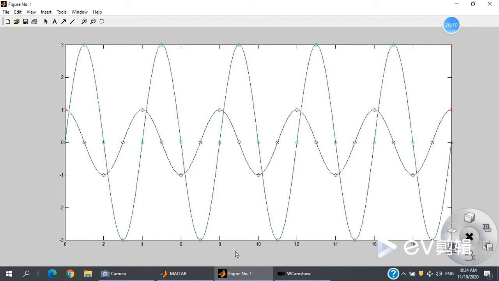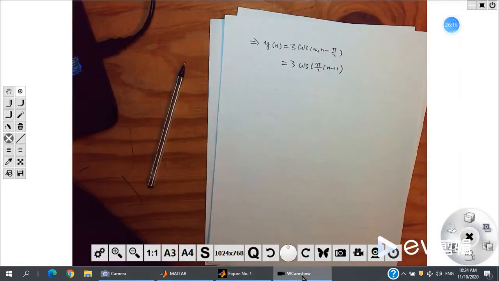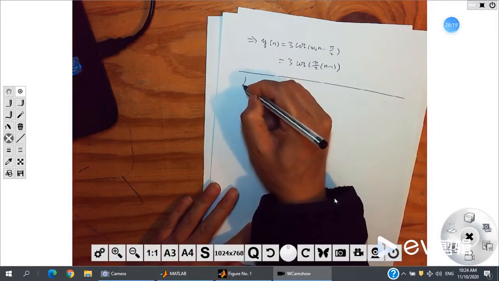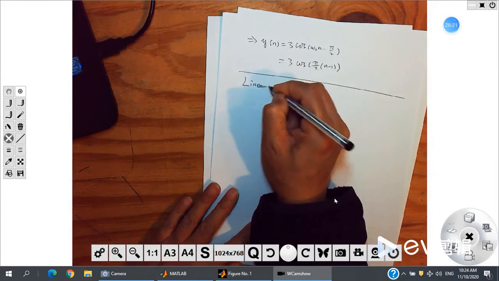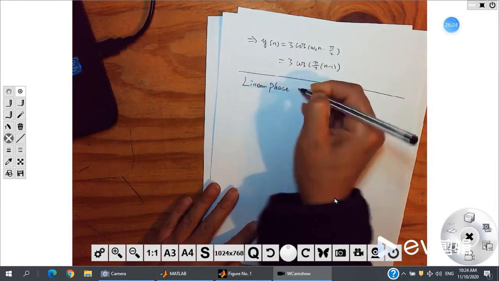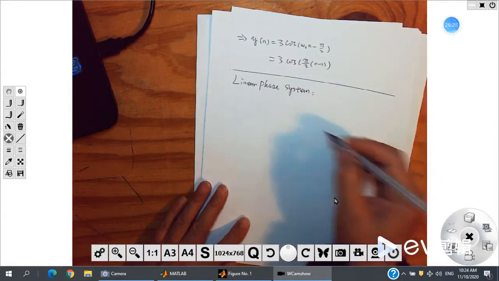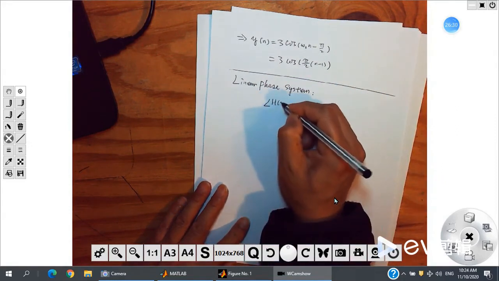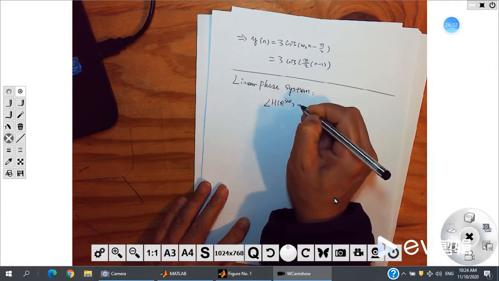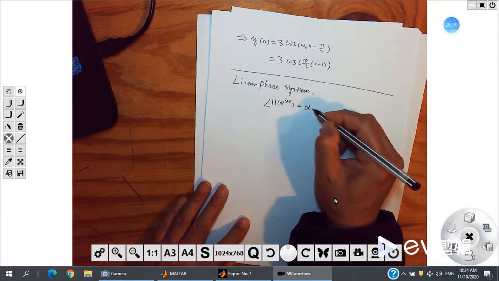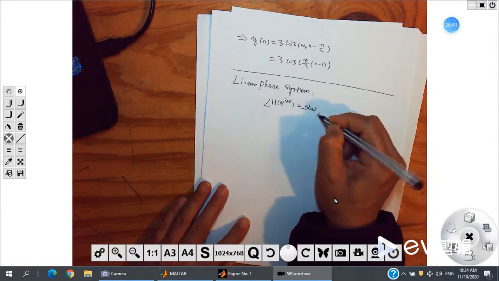All right, now we consider a kind of system called a linear phase system. Linear phase system. That means the angle of H of e to the j omega is equal to some constant, I say negative alpha times omega, like this.